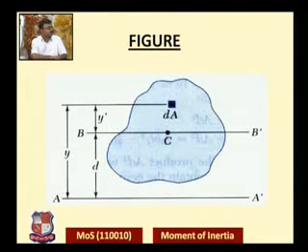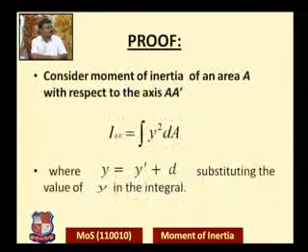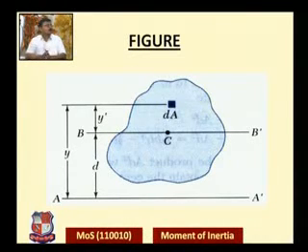Now we want to find out the moment of inertia of this area about the axis BB dash and AA dash. So first of all, let us consider the small element dA as shown in the figure. Now this element dA is located at a distance y dash from the axis BB dash, which is the centroidal axis.